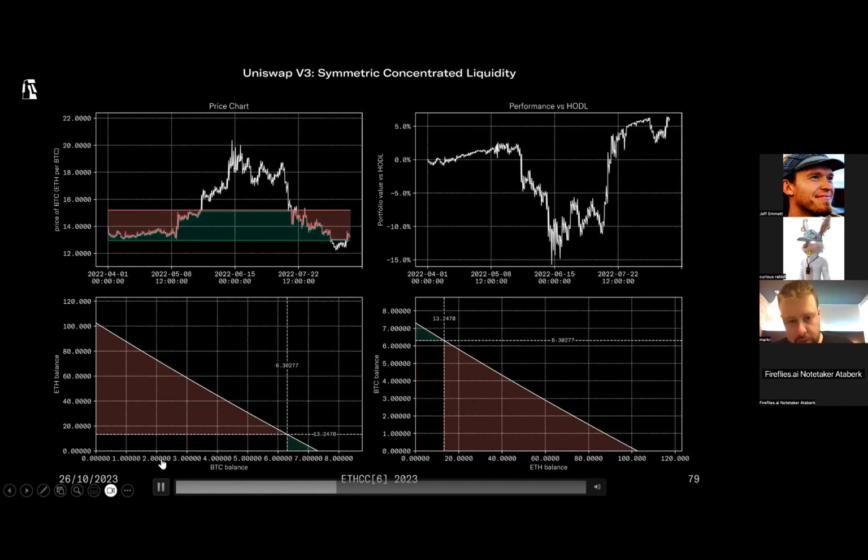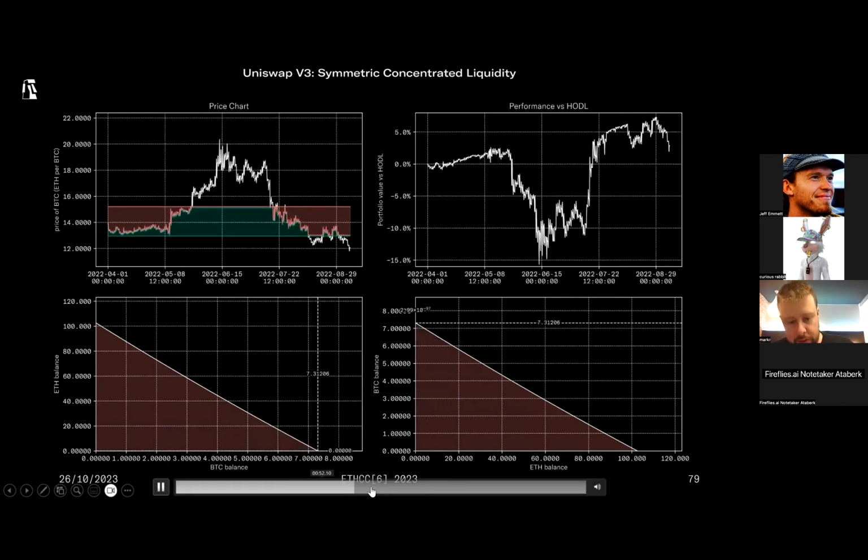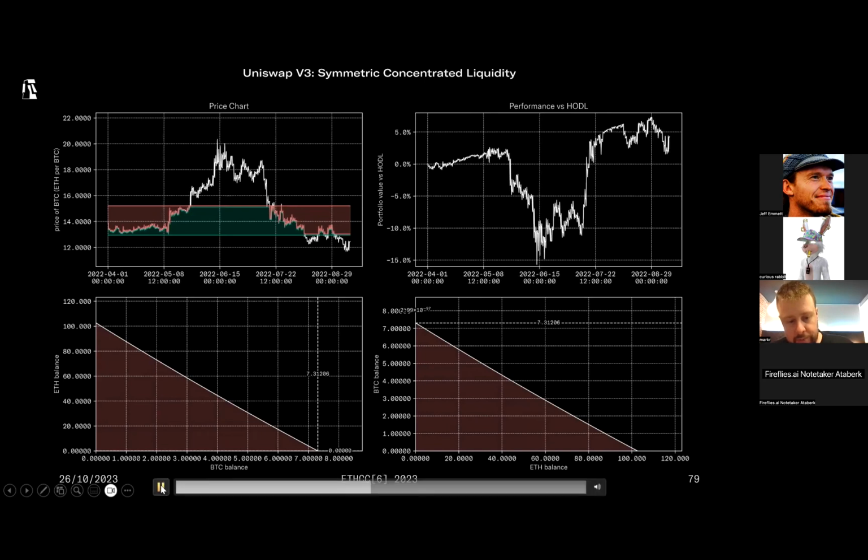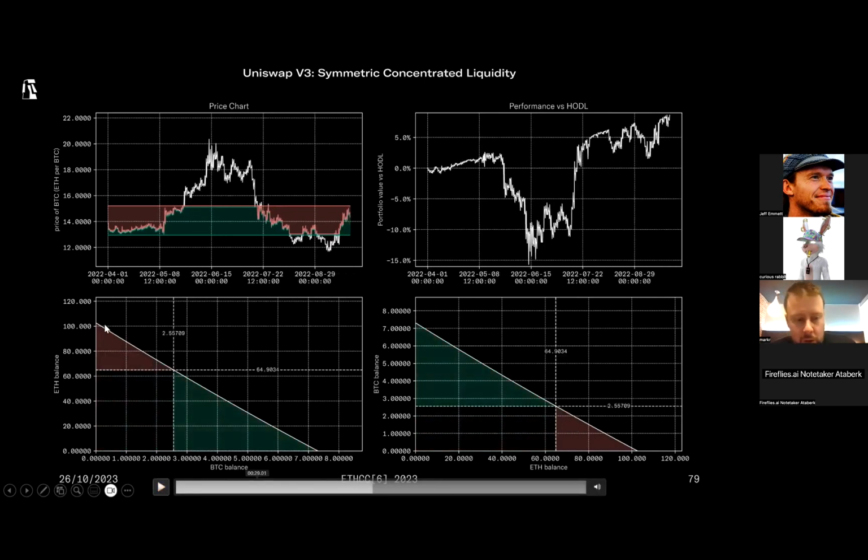So if I wait for the price to come back in, here we are. You can see that on the left, where we've got the ETH balance on the y-axis and the BTC balance on the x-axis, the small red triangle here is a graphical representation of the amount of liquidity, or the depth of liquidity that we have left in Bitcoin. And if you have a look at the price chart, you can see just visually that's easy to confirm, right? Because the price of BTC is currently moving up through that range.